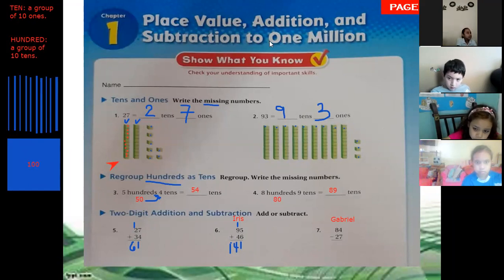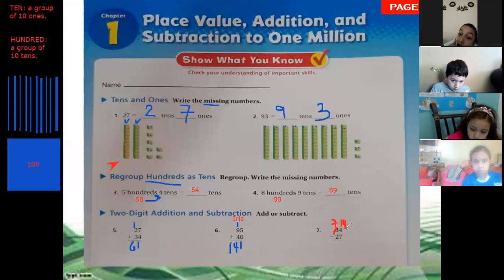We need to regroup. We regroup 1 ten, which is we have here 1 ten, into 10 ones. That's what we do. We regroup. So here we cross out the 8, and now the 8 becomes a 7, and the 4 becomes a 14.